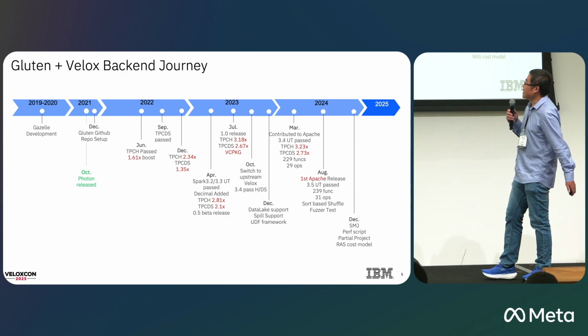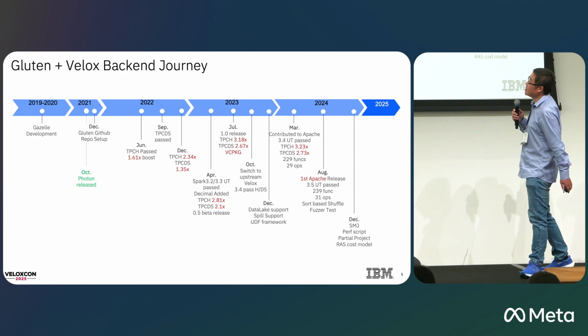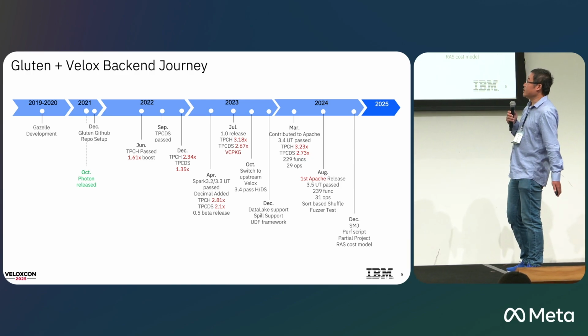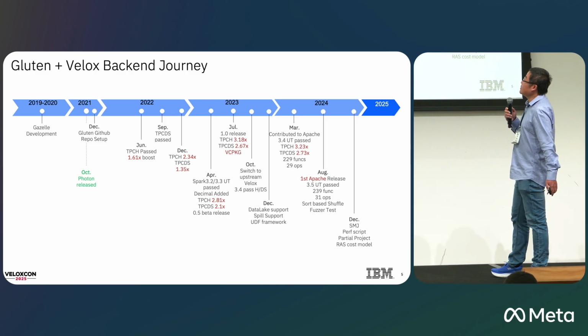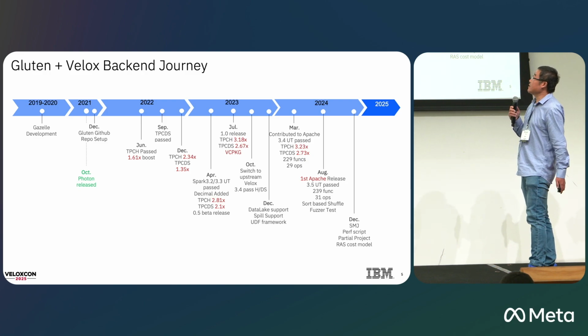And you may note that Photon was released in October 2021. So we actually started Gazelle before the Photon project was released. And then we spent half a year to pass TPC-H, and six months to pass TPC-DS.